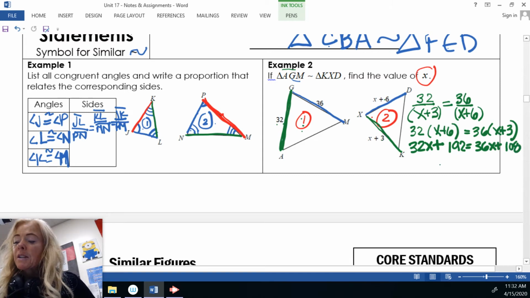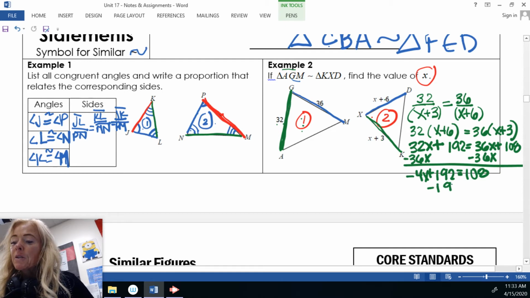And then you would subtract, and I would probably subtract 36x first. I like to subtract the x off and get down to an equation with only one x. This makes me feel better. So negative 4x plus 192 is 108, and then subtract 192.